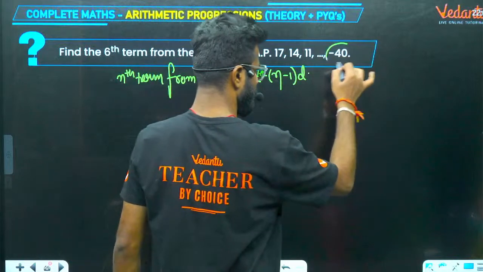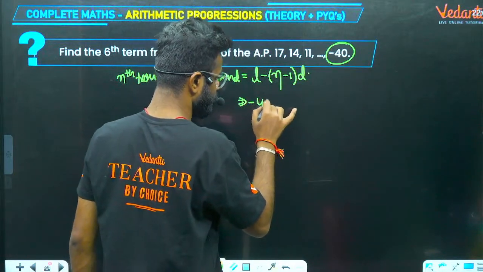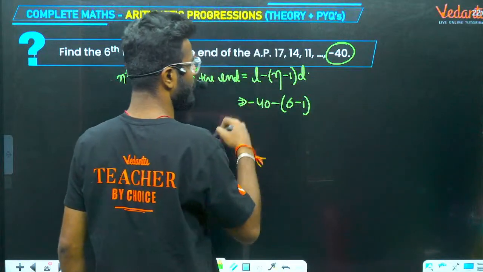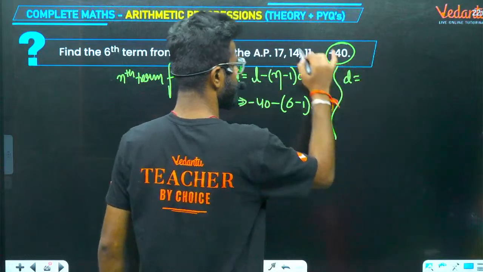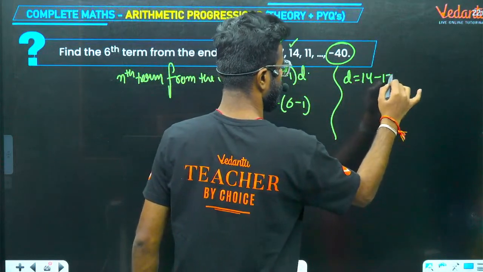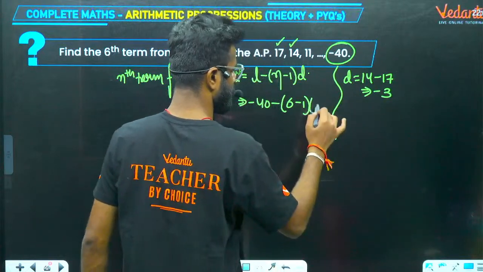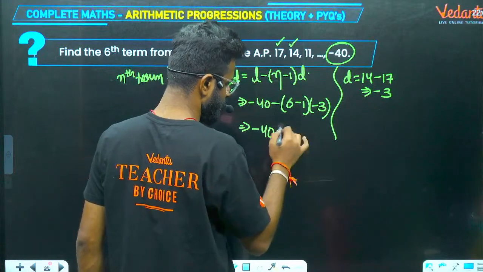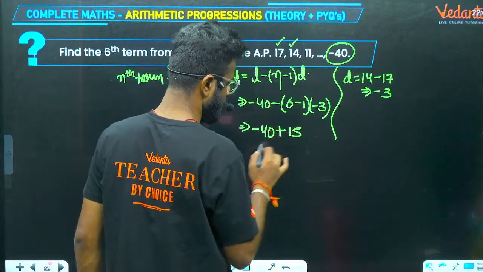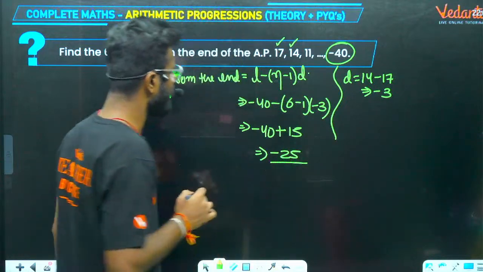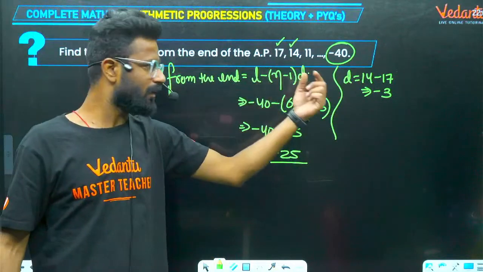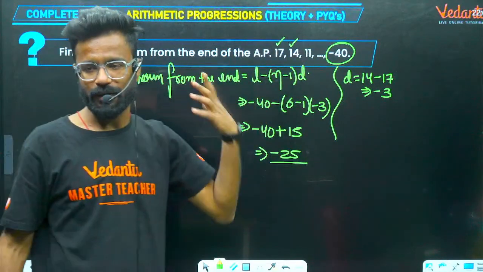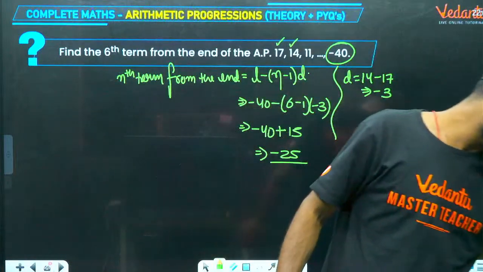L is the last term, that is minus 40. N minus 1 means 6 minus 1, into the common difference, second term minus first term, minus 3. Minus 40, 5 3s are 15. So here it is minus 25. That means the sixth term from the end is minus 25.